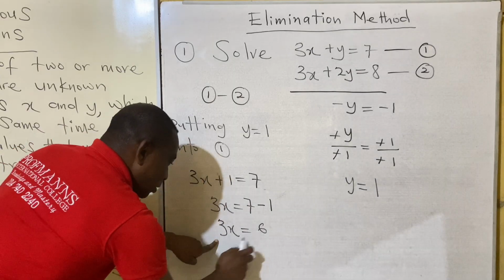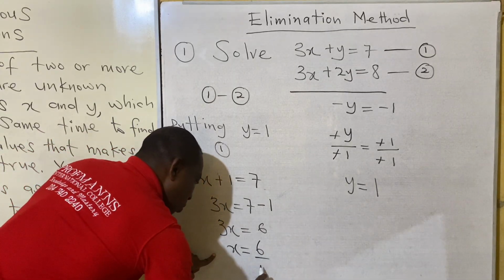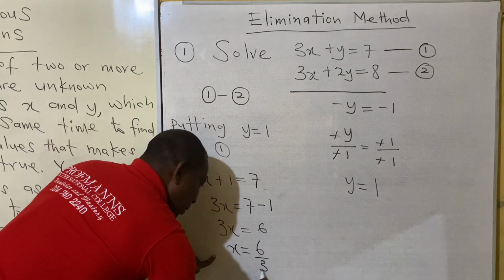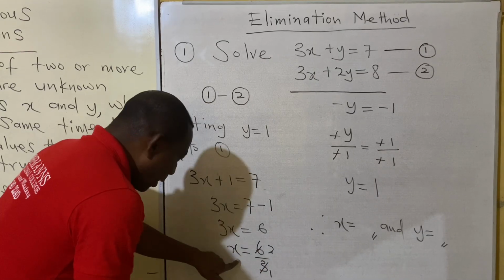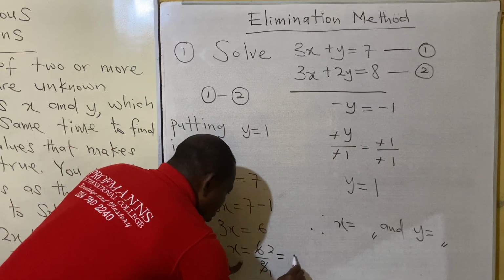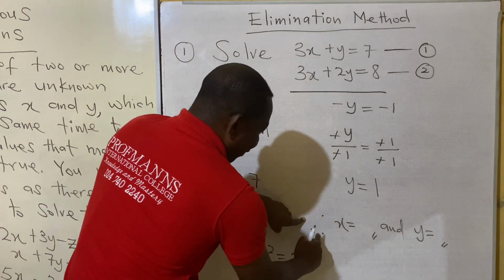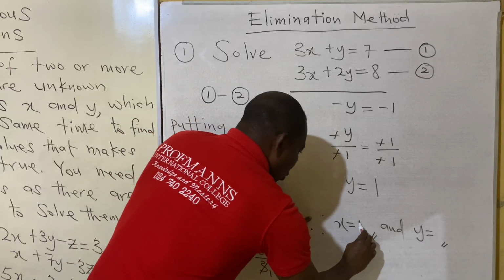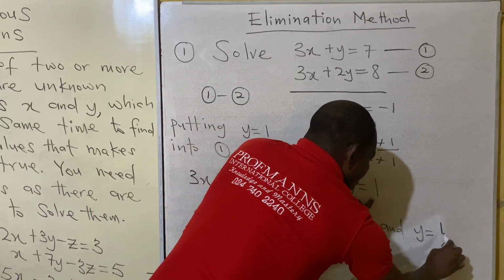We divide both sides by 3. So x is equal to 6 over 3. 3 goes into 3, 1, into 6, 2. x is equal to 2. We conclude by saying, therefore, x is equal to 2 and y is equal to 1.